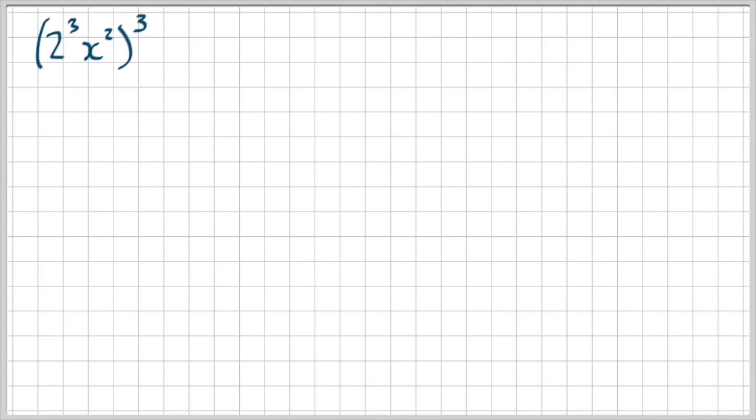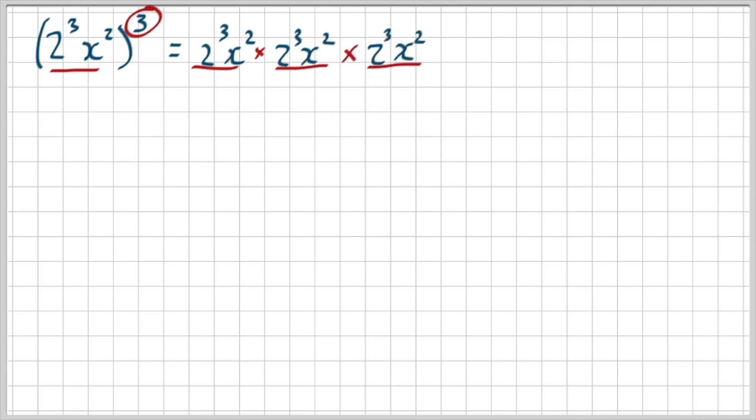But what if I've got more than one thing in the bracket that's raised to the power of 3? Let's go to the definition. If I've got a power of 3, it means that 2 to the 3 x squared, I'm going to write out 3 times. And then I'm going to apply law 1, first of all with the 2's.